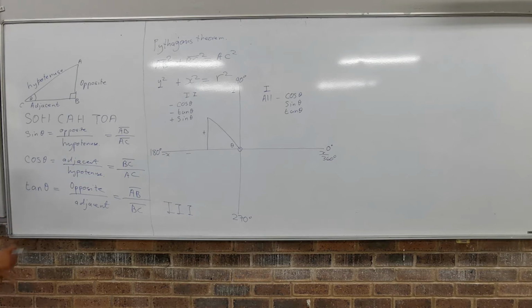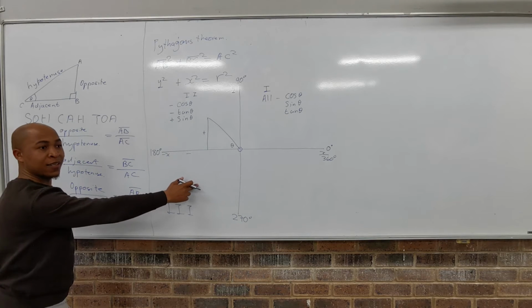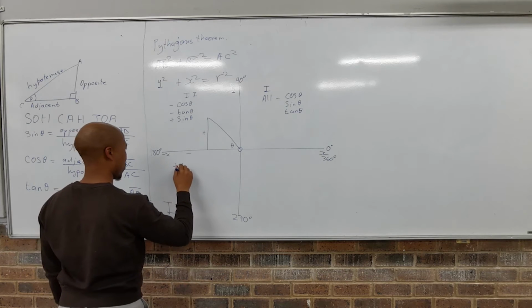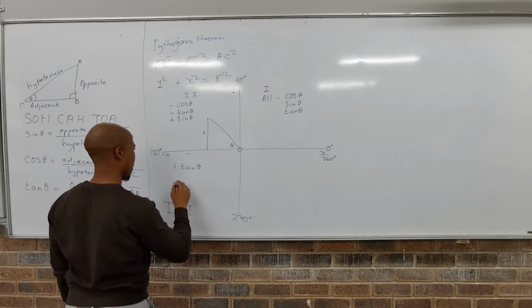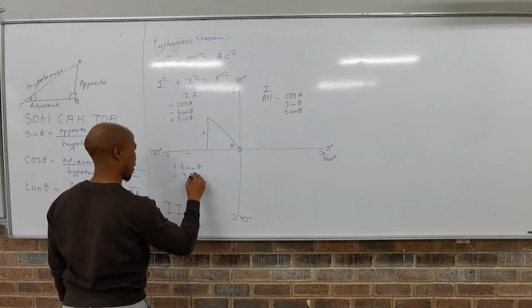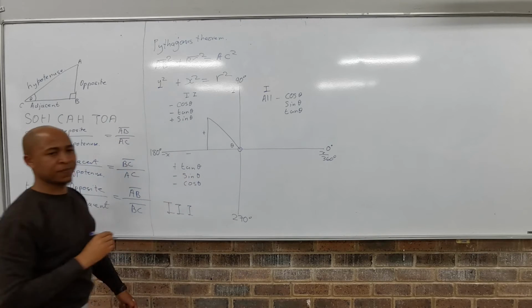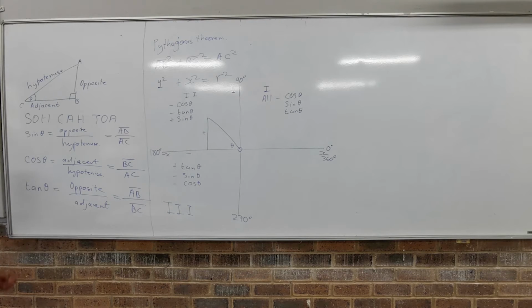The reason why you find that tan is the only one that's positive, it's because the opposite side is negative, the adjacent side is negative. Negative divided by negative becomes a positive. And we have tan theta as the only function that is positive on the third quadrant. So we have positive tan theta, negative sine theta, negative cos theta. Still together. Right.